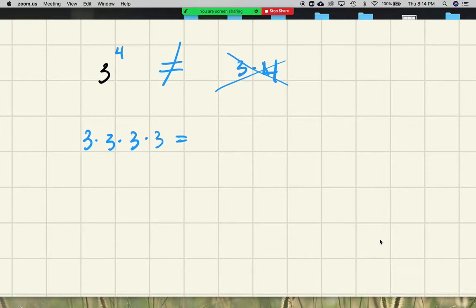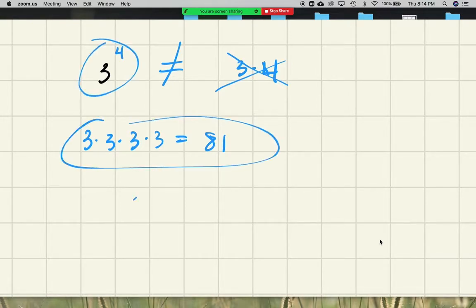And so that would be 3 times 3 is 9, times 3 is 27, 27 times 3 is 81, I think. So 3 to the 4th means multiply it 4 times, or use it 4 times in the multiplication, but it's also times itself.